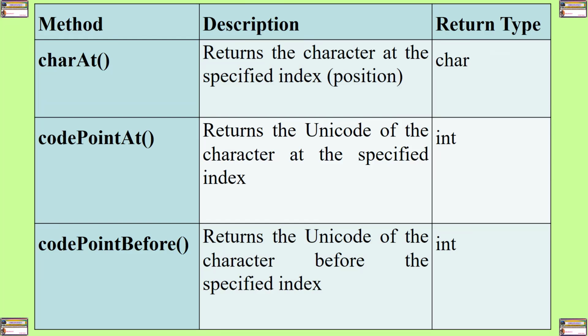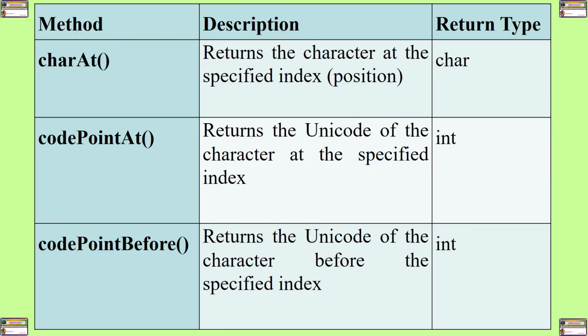So some of the methods that you can use to manipulate strings include charAt. Remember, what is most important is to note the format, the syntax. You write them exactly as I've written mine.